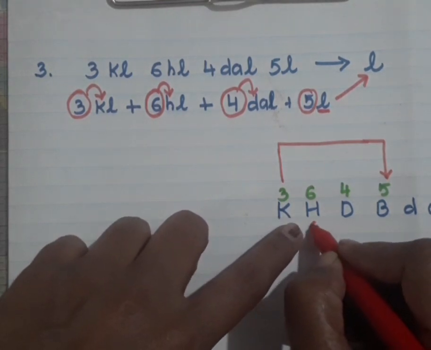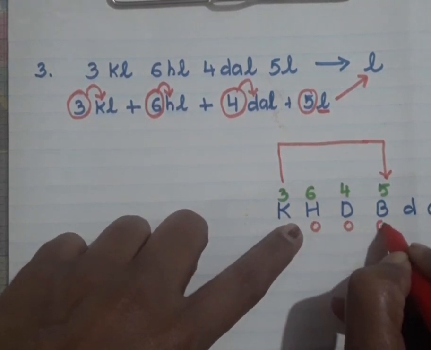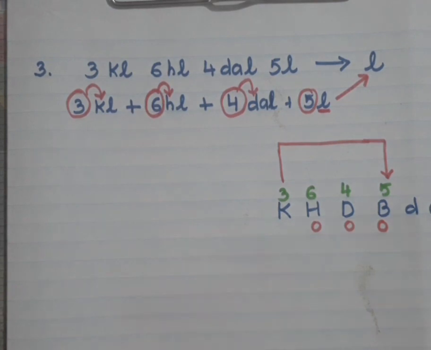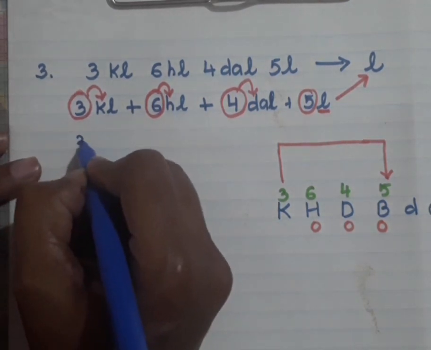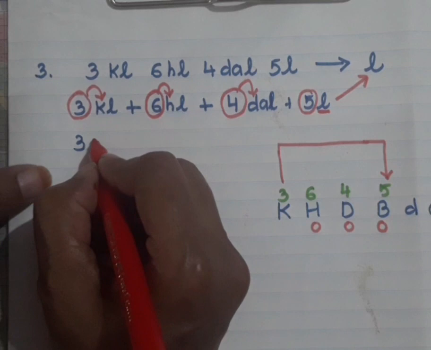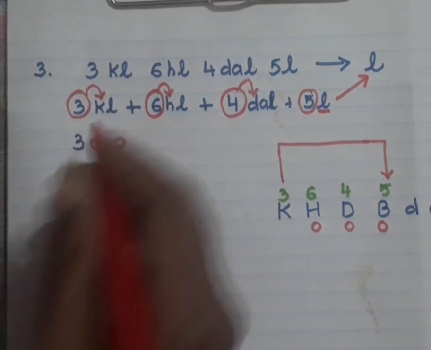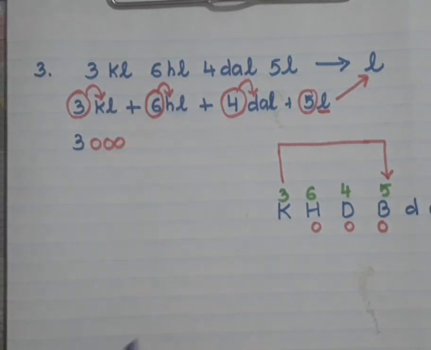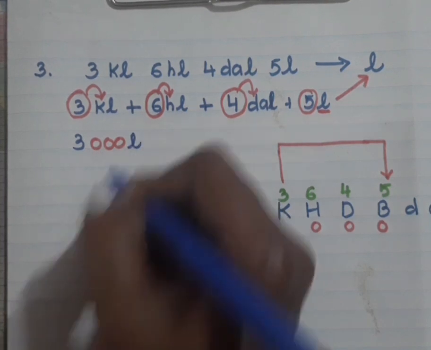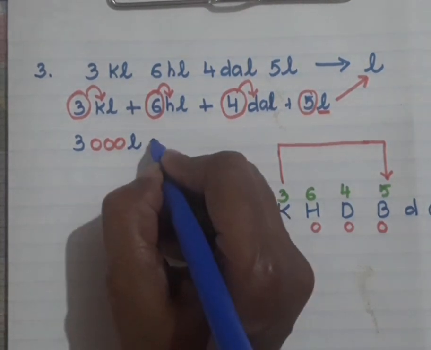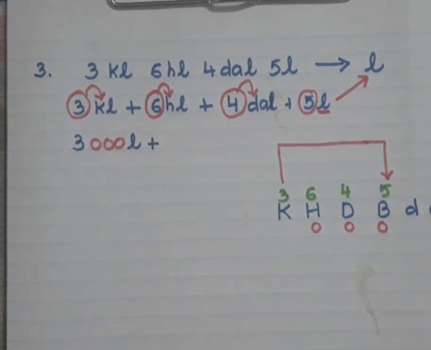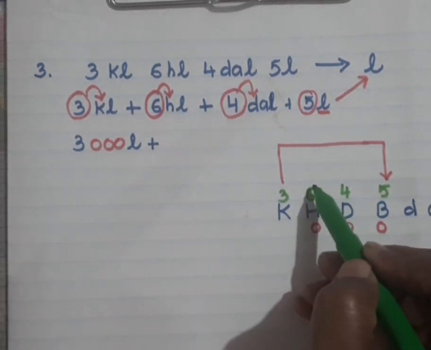So, how many zeros? 1, 2 and 3 zeros. Am I right? So, let's write it here. 3 followed by how many zeros? 1, 2 and 3. And what is the unit here? It is liters. Alright? Plus. Now, where is our beautiful 6 sitting? On hecto.